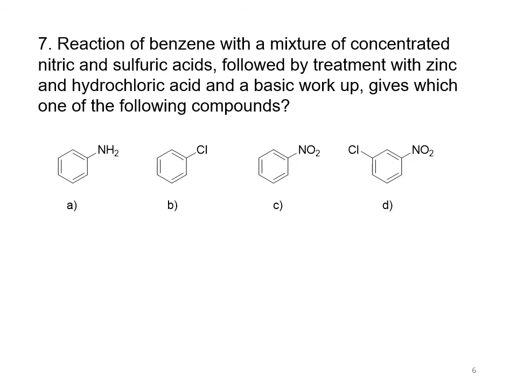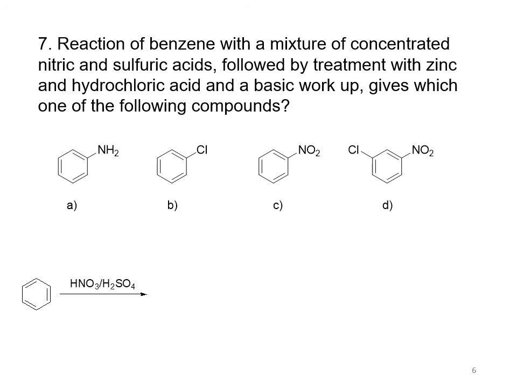Question number 7. Reaction of benzene with a mixture of concentrated nitric and sulfuric acids followed by treatment with zinc and hydrochloric acid and basic workup gives which of the following compounds? In this problem you have a number of reactions, and it's best to write them down. Use pen and paper, write them down, figure out the product, and then match it with one of the 4 possible choices. We start with benzene and nitration of benzene.